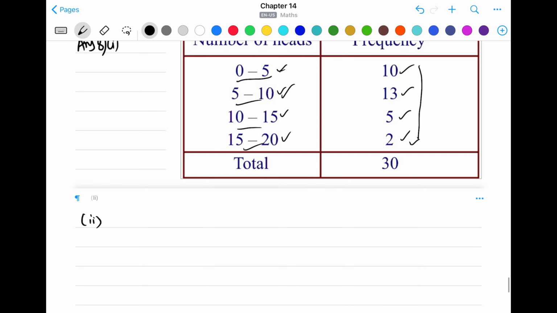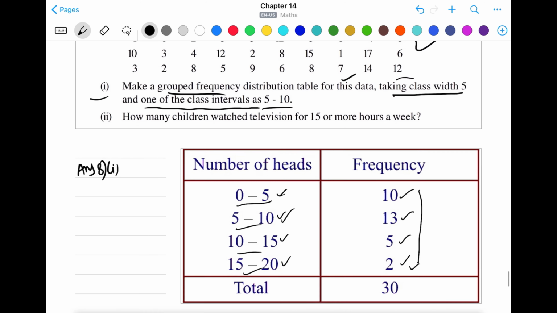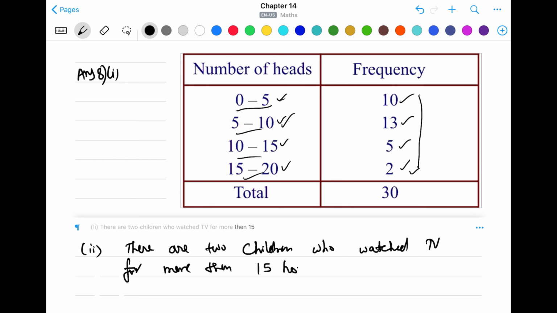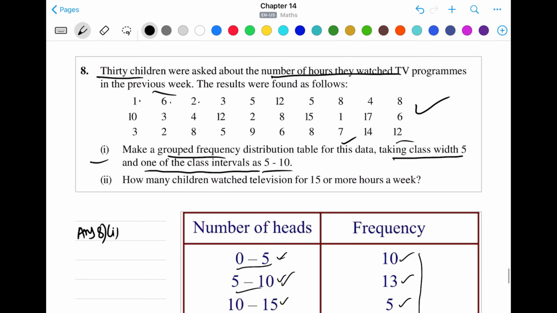Okay, the answer for this one is there are 2 children who watched TV for more than 15 hours in the last week. Okay, so that's the answer of the question number 8.